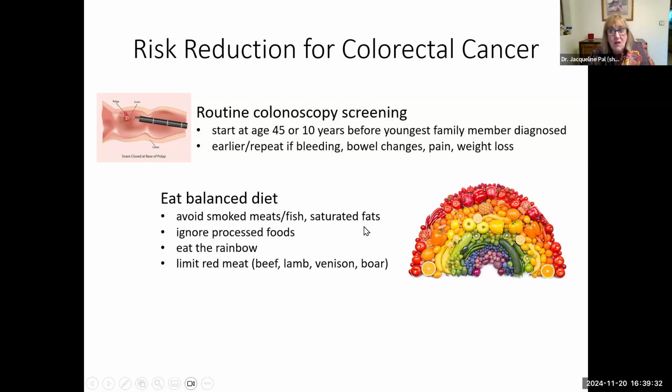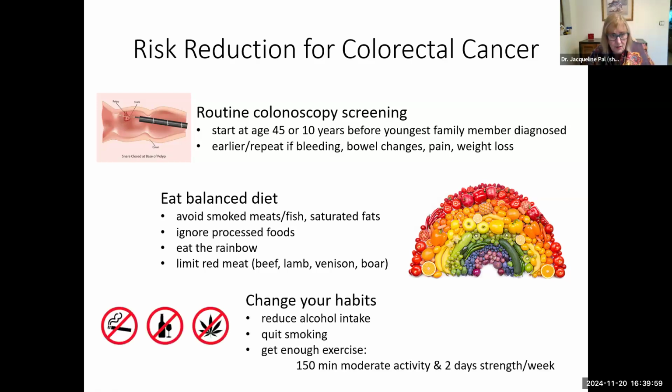Saturated fats are very bad for your colon. Avoid processed, fast foods. Don't eat them. They're bad for colon cancer, and limit your red meats. By red meats, I don't just mean beef, lamb, venison, and boar. Okay. So yes, chicken, turkey, and pork don't increase your risk for colorectal cancer.